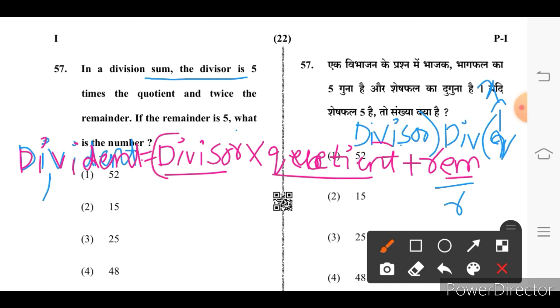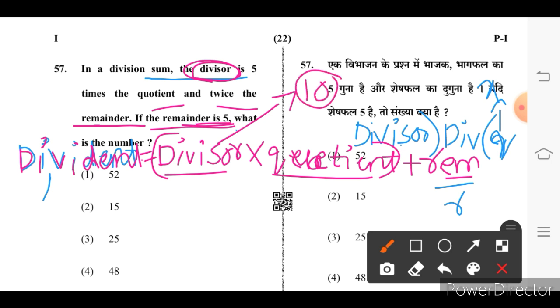Here the given remainder is 5 and the divisor is double the remainder, so the divisor value is twice the remainder, that is 10.